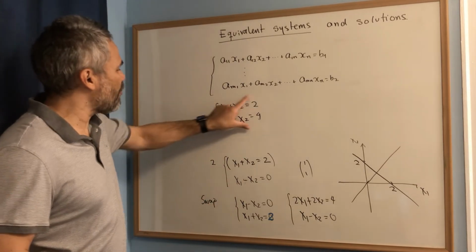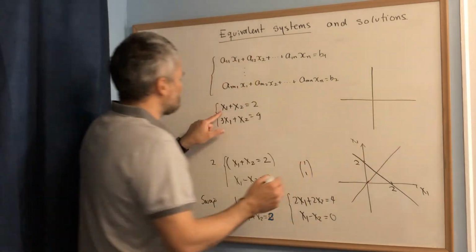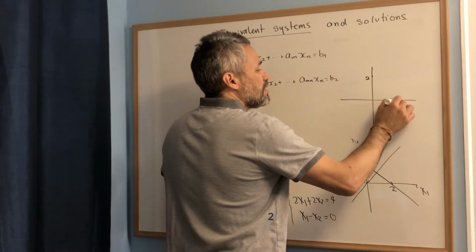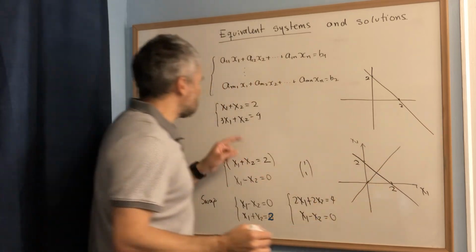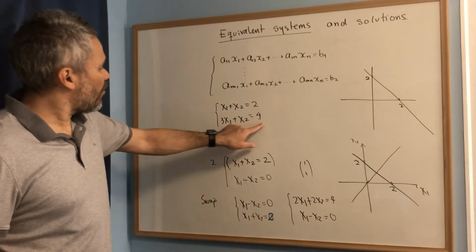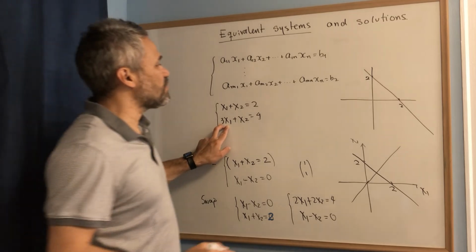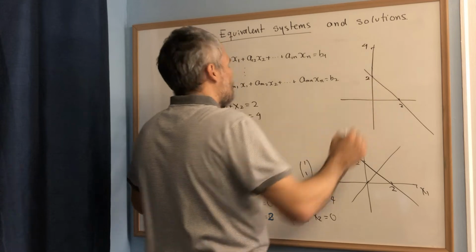I'm curious about how these two lines look like. The first line is x1 plus x2 equals 2. Here is 2, and here is 2. And now, how do we graph this? When x1 is 0, x2 is 4.